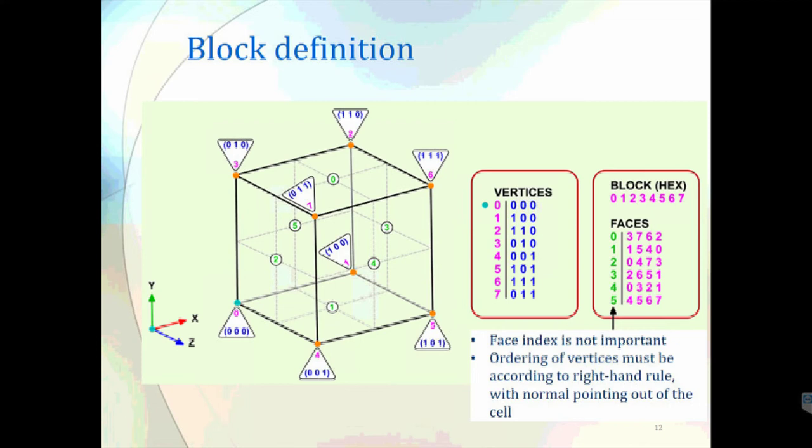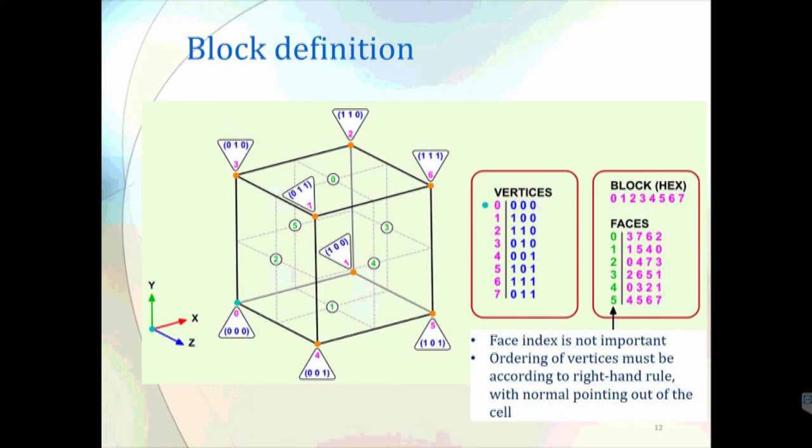We use the right-hand rule on this face, and we go in the clockwise direction. If we are starting with 0, what will be the list of numbers defining this face? 0, clockwise 4, 7, 3. So this face has been labeled 2, and we define it using the clockwise direction.